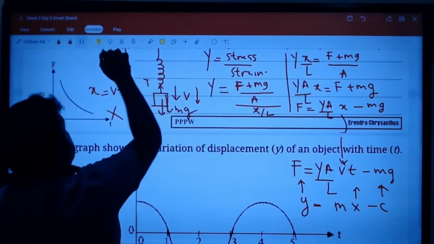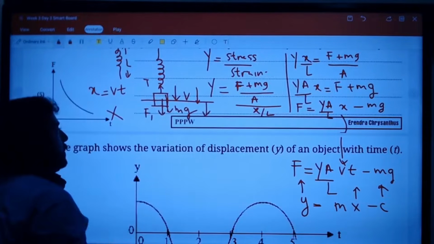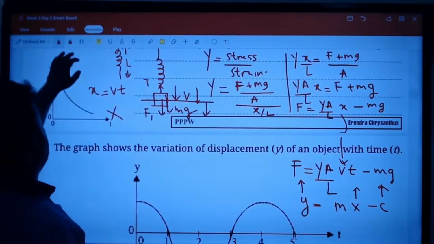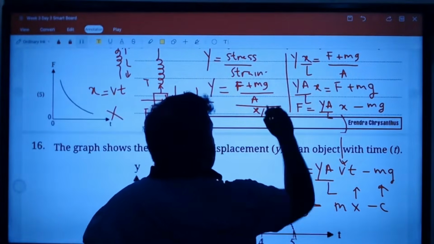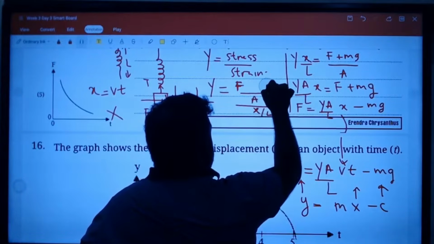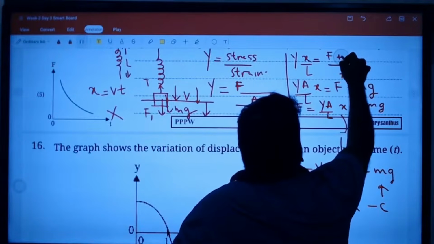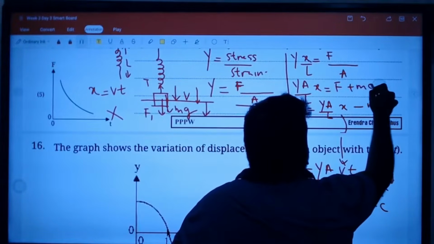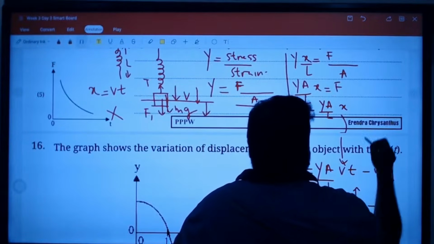That means no need to consider the effect of mg.